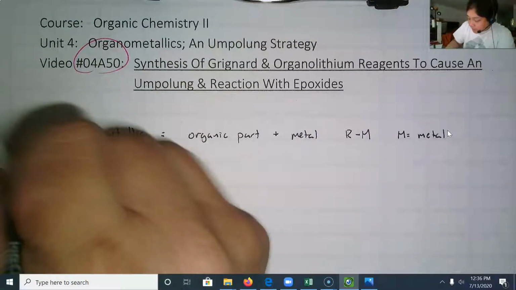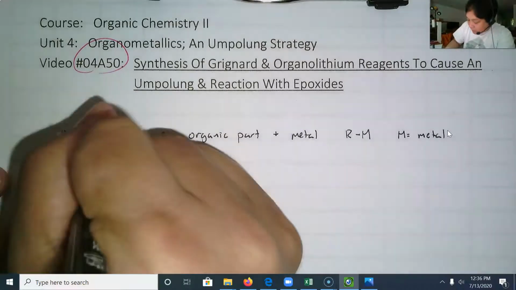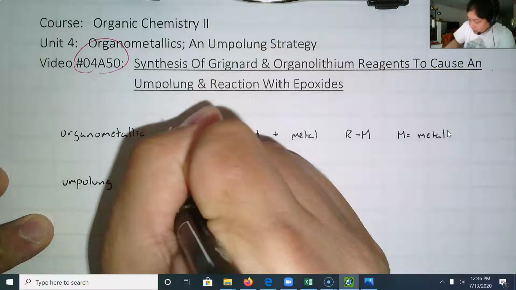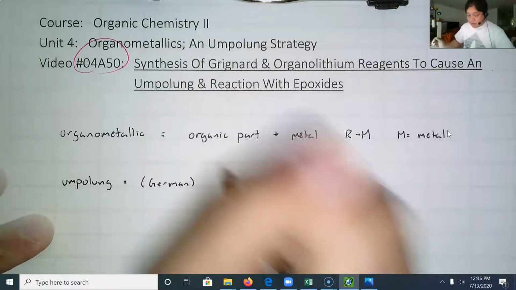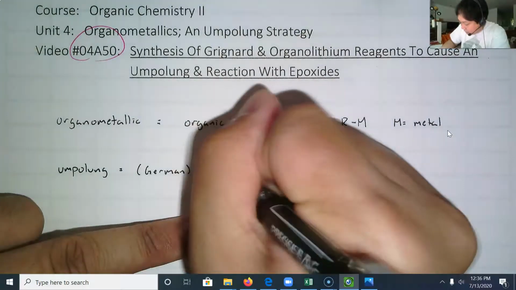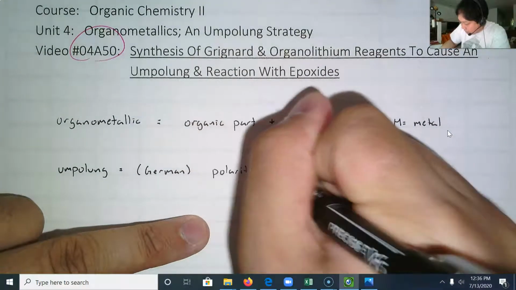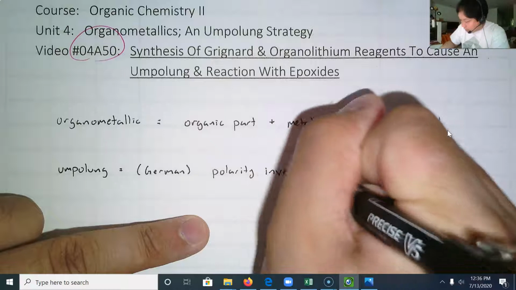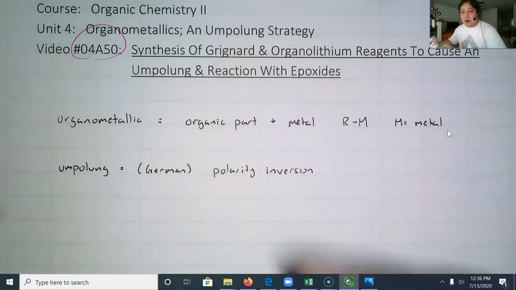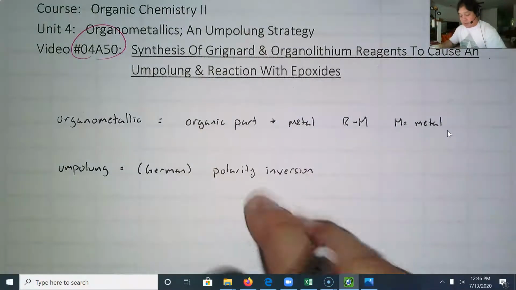So an Umpolung is a German word, meaning polarity inversion. Okay. So we are going to use or make these reagents to cause a polarity inversion.